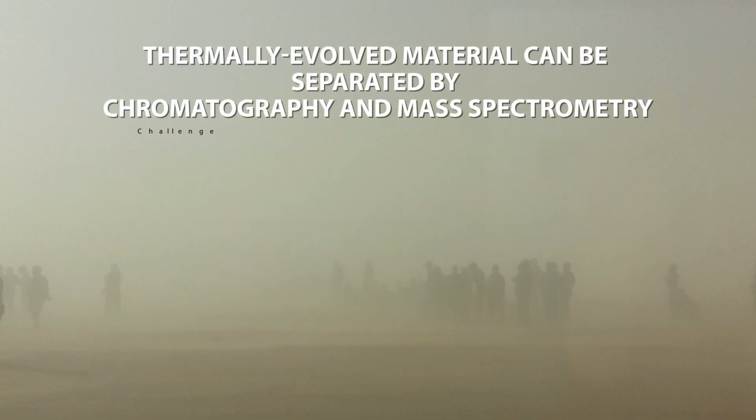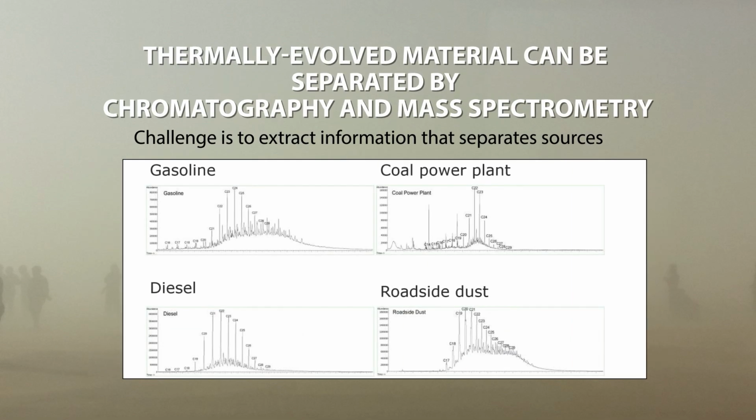So this is a typical graph generated in gas chromatography mass spectrometry, as if from a gasoline engine. These are the compounds emitted from gasoline powered vehicles, the carbon compounds and their concentrations.